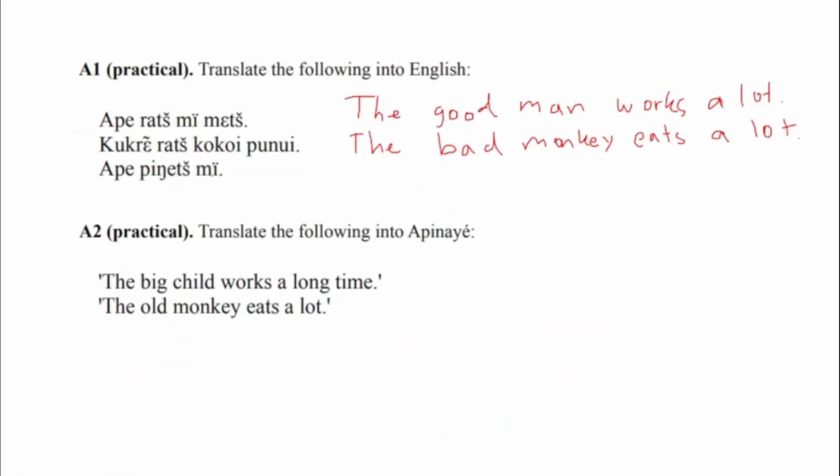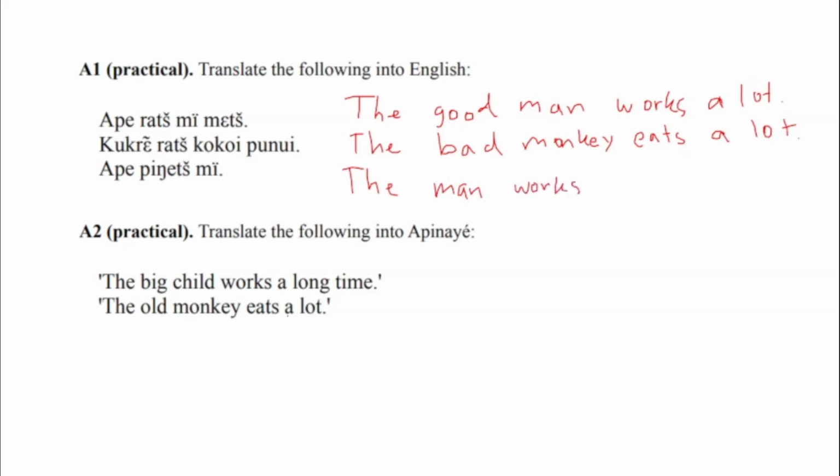Man. The man works for a long time. We'll say that because works old doesn't make sense, but works for a long time does make sense. So the man works.